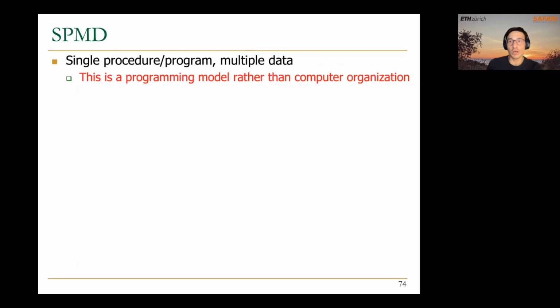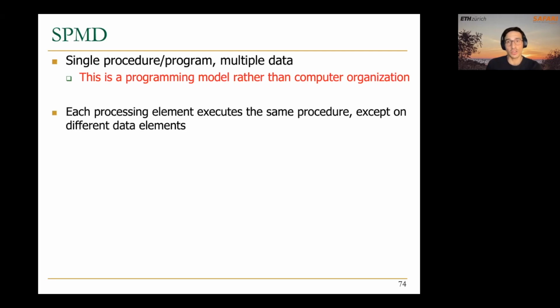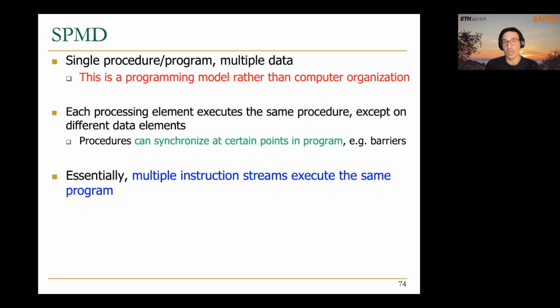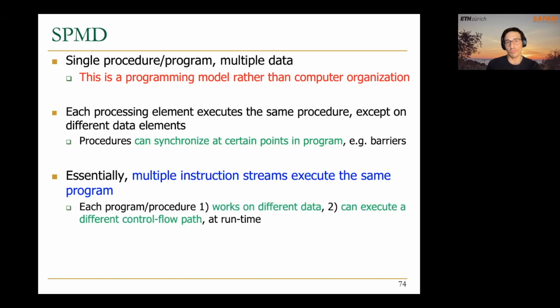The single program multiple data model is a programming model rather than a computer organization. Each processing element executes the same procedure, except on different data elements. These procedures can synchronize at certain points. We have barriers, and we will see how to use barriers. We will start talking about them in the next lecture. But essentially, we have multiple instruction streams executing the same program.